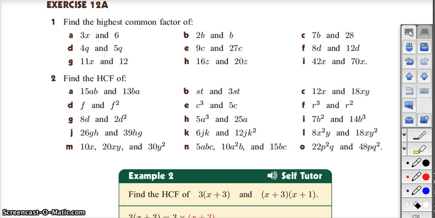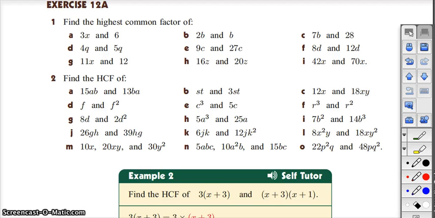Given you just had a little bit of a test, I'll just go through this with some of you. If you look at the first one, 3x and 6, there is no x alongside the 6. So that's not a common factor. It's not common to both of them. The common thing here is the 3 and the 6, just the numbers, because the x doesn't necessarily exist under the 6.